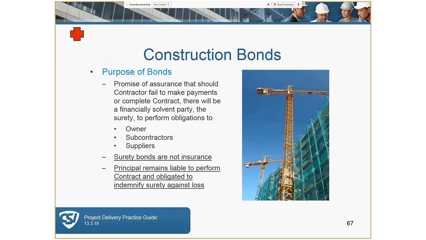The contractor or principal remains liable to perform the contractual work and is obligated to indemnify the surety against the loss. If the contractor can do this, then it almost seems pointless to require a bond. I mean, if they're capable of providing the indemnity to the surety, then they should be able to provide the financial ability to get the project completed. But there's not a guarantee for the owner or the lender, so the bond's going to be required.